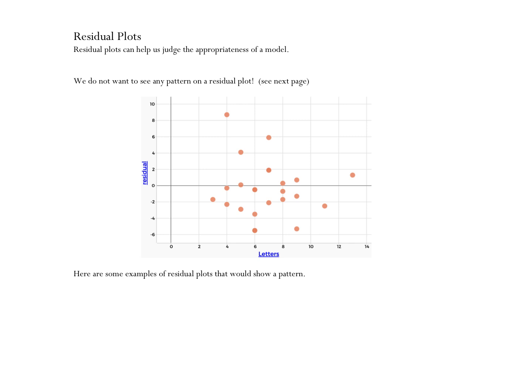So remember, this graph isn't the line. This is the relationship of the points to the line. Okay? So, residual plots. We can say a model is appropriate if there isn't a pattern on the residual plot.